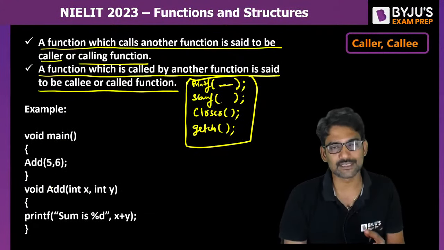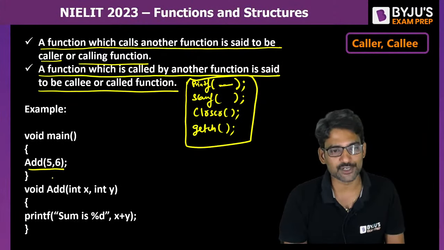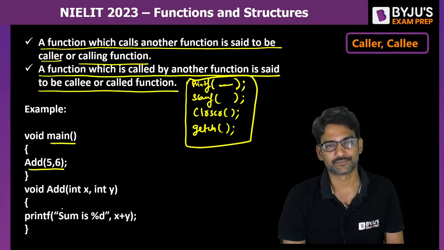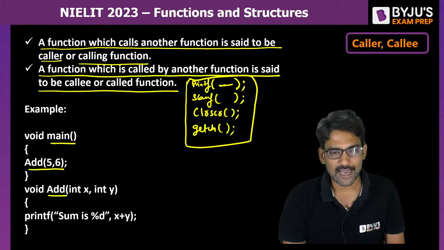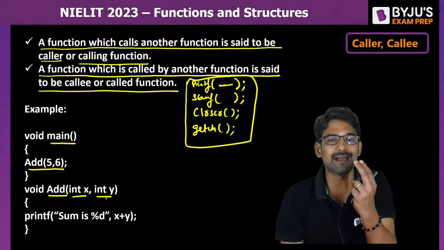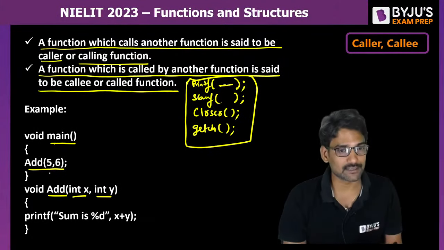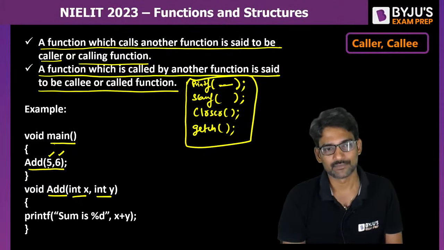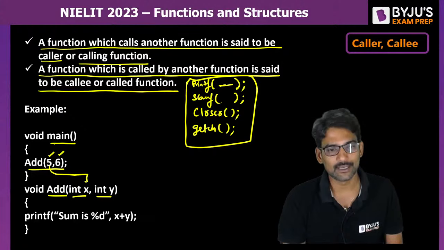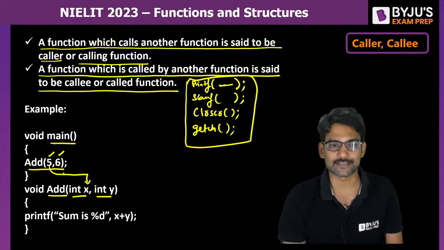So if you see this example, I am calling the add function inside the main function. Here you observe add int x comma int y. It demands two arguments, hence we are supplying two arguments, 5 and 6. So 5 will be copied in the place of x, 6 in the place of y.